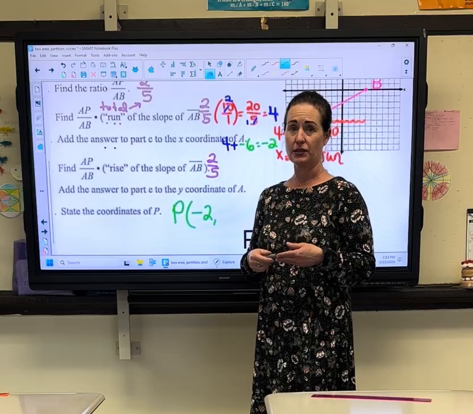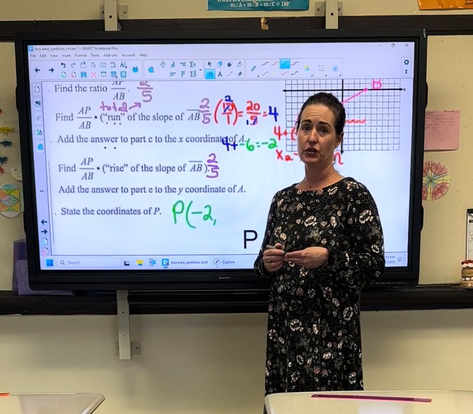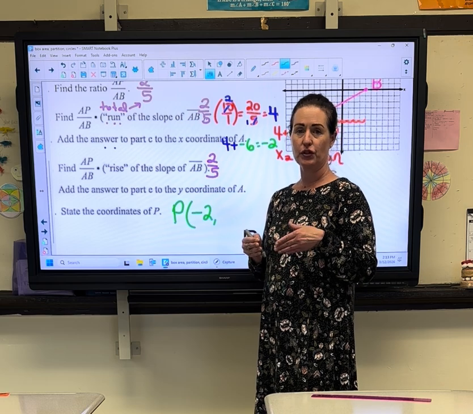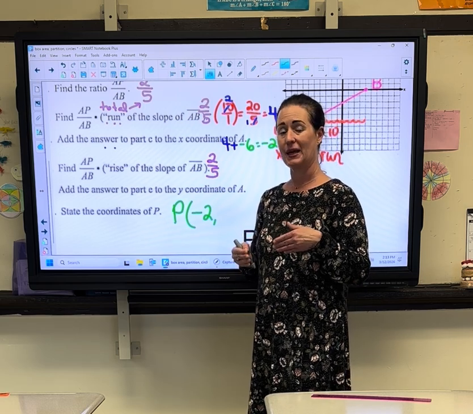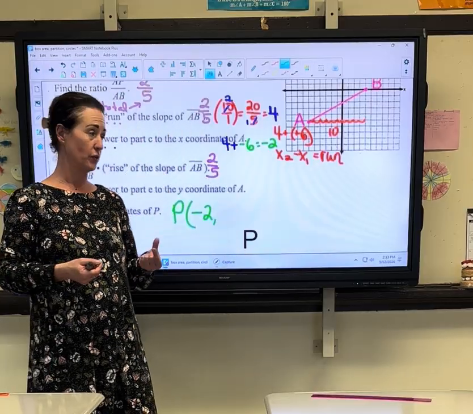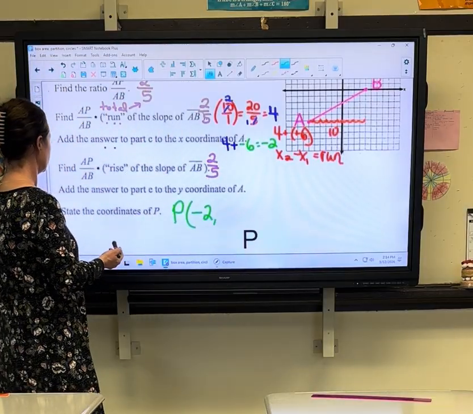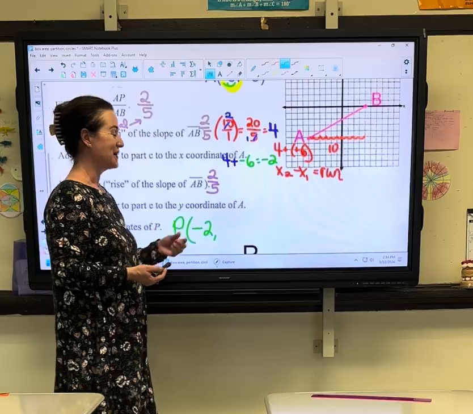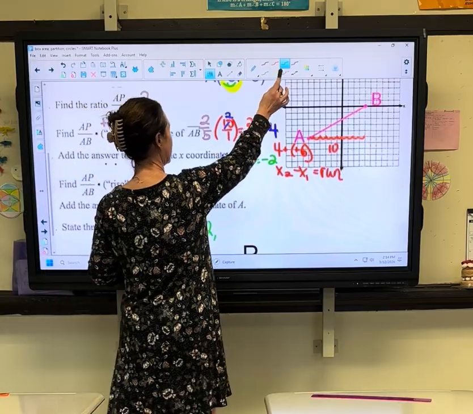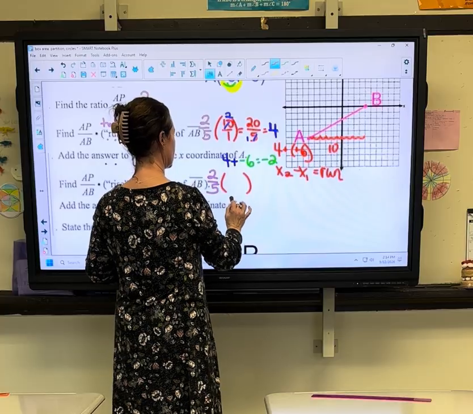You're going to repeat the process to do your y. The difference is you're going to use the y values for your rise. And if you're doing it mathematically, you're doing y2 minus y1. You're still using the 2 over 5 as we had it set up. So we're taking that 2 over 5 and multiplying it by my rise.